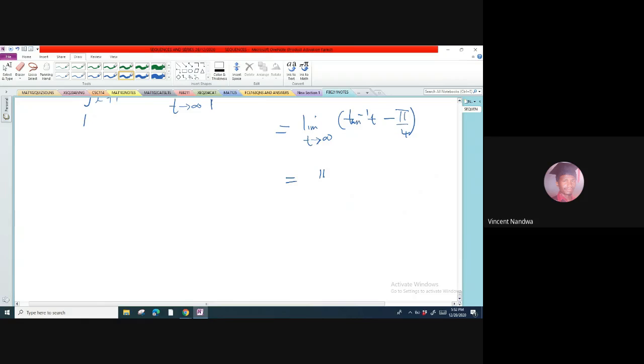So which will be pi over 2 minus pi over 4, which will be pi over 4. So we have a value for the improper integral.